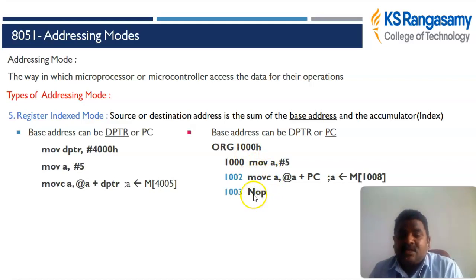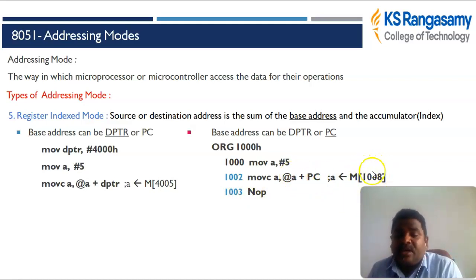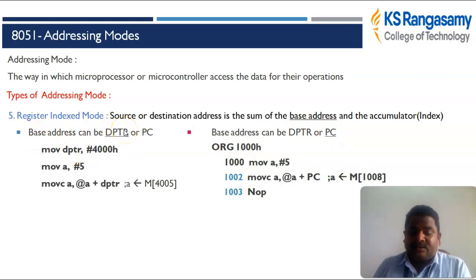For this case, after the previous instructions, the address is 1003. So here 1003 plus 5 is 1008. The content of 1008 will be copied to the accumulator. So this is the example instruction for base address, which can be a program counter, under the category of register indexed addressing mode.